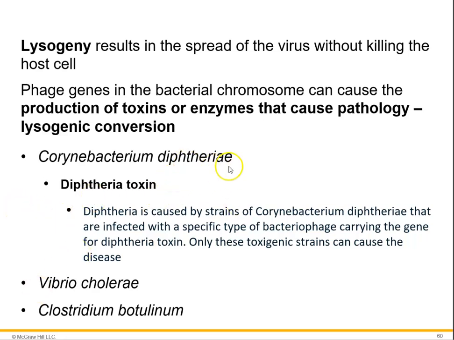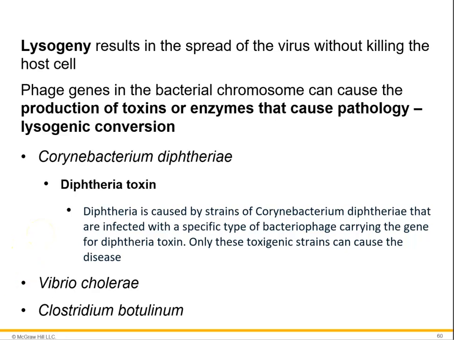Corynebacterium diphtheriae. This is the bacteria that causes diphtheria, but only certain strains of it cause diphtheria. Only the strains that have been infected with a bacteriophage that contains the genes to produce diphtheria toxin.